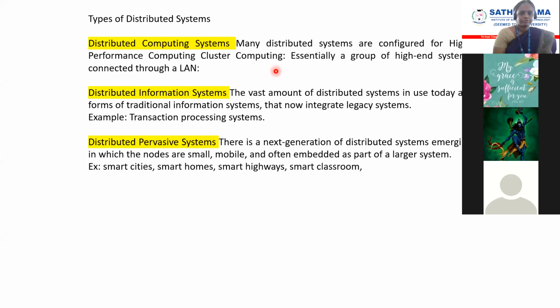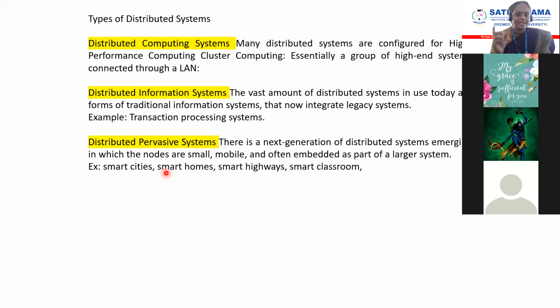So distributed pervasive system is smart cities. Now India has identified some cities as smart cities, and they are developing them, and smart homes. When you enter the home, one of our applications recognizes our face, and we can enter the home.